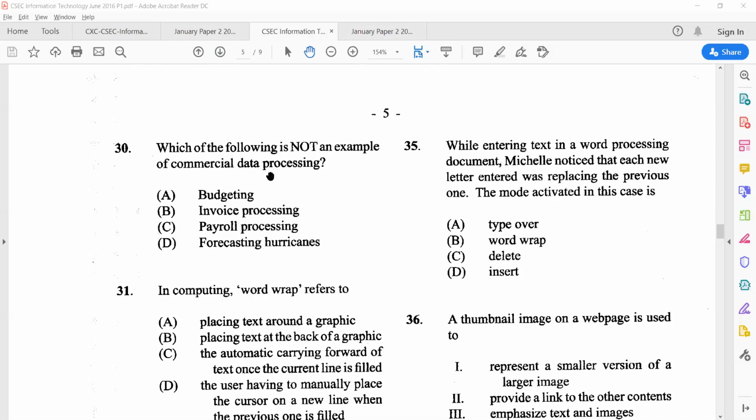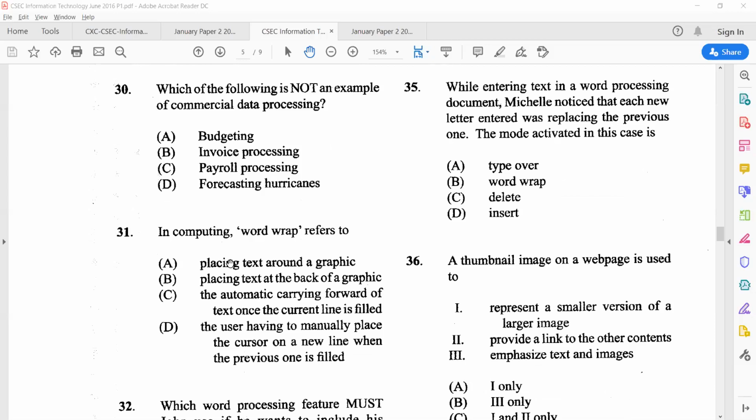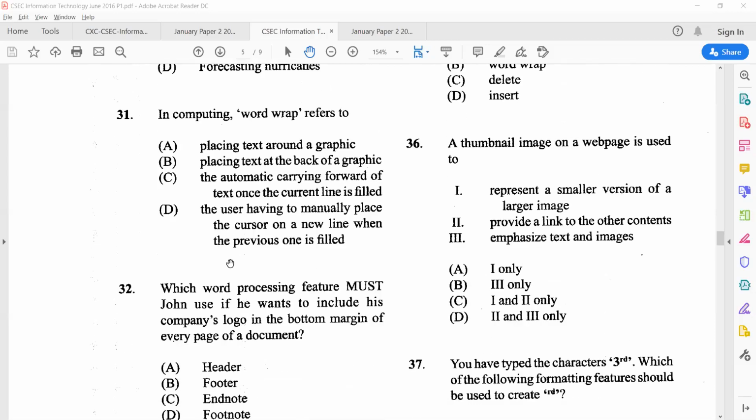The obvious answer is B. Right, so for this, I would say the answer is D, forecasting hurricanes. Right, so D, forecasting hurricane.